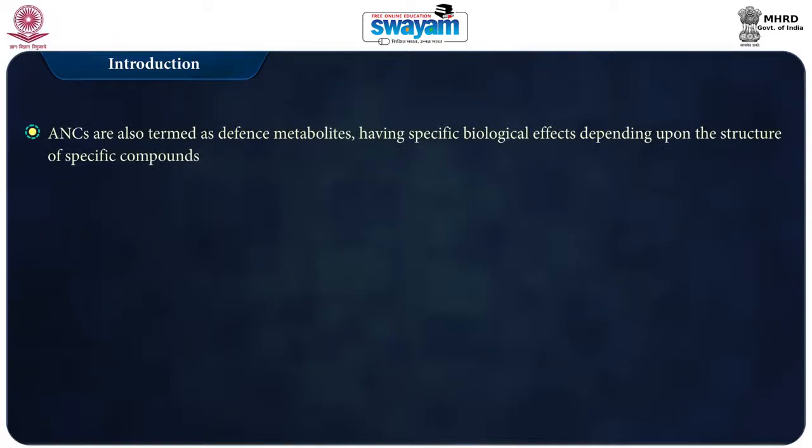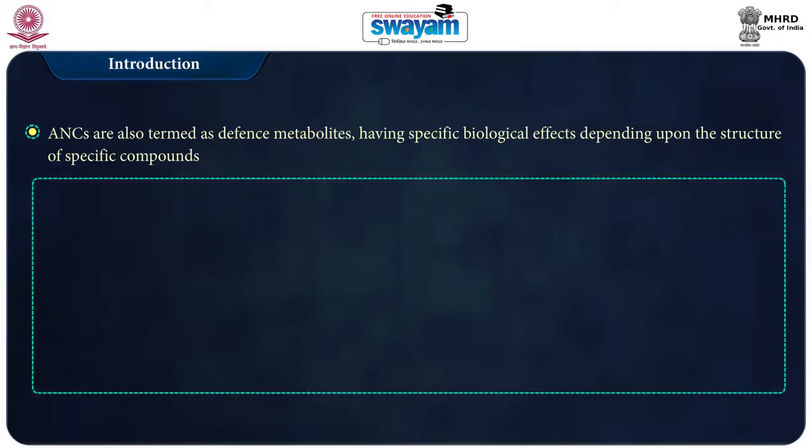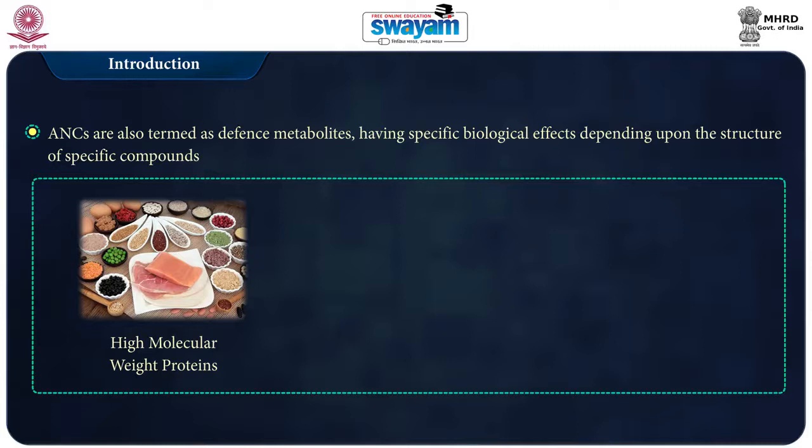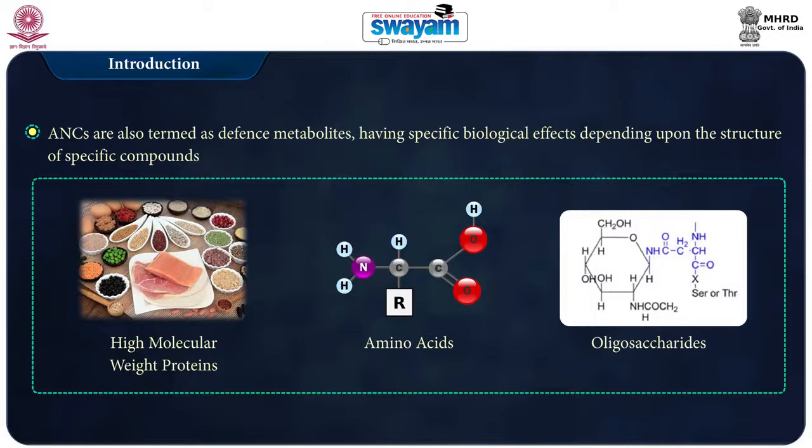Now, anti-nutrition compounds are also termed as defense metabolites, having specific biological effects depending upon the structure of specific compounds, which range from high molecular weight proteins to very simple amino acids and oligosaccharides.